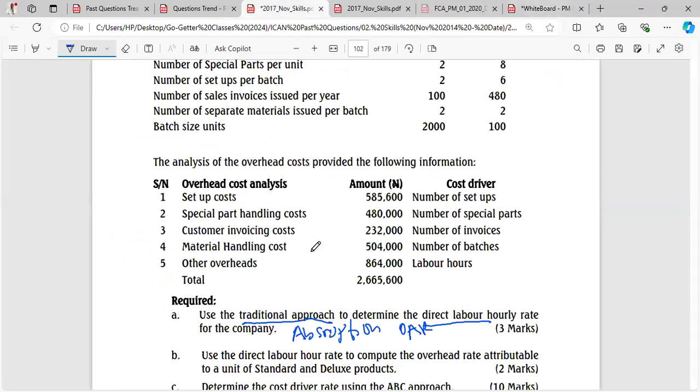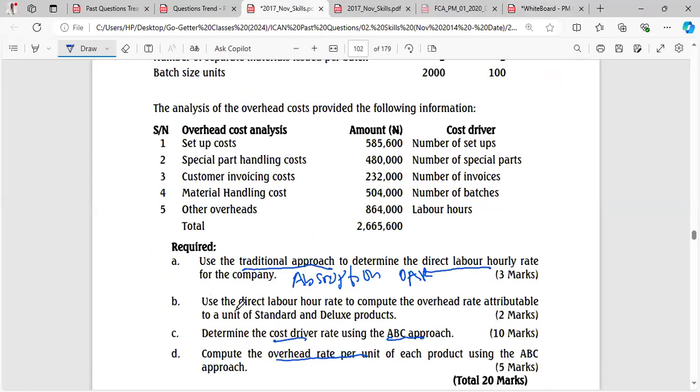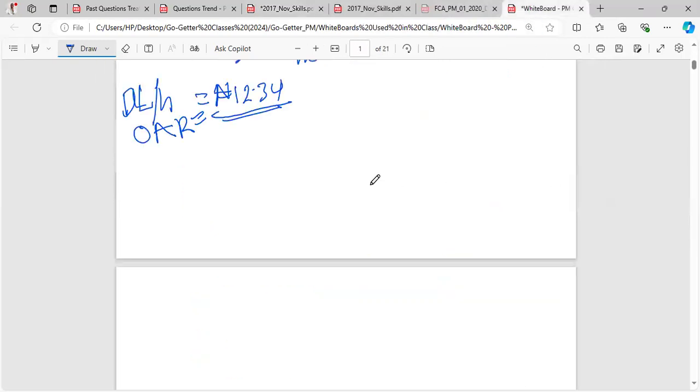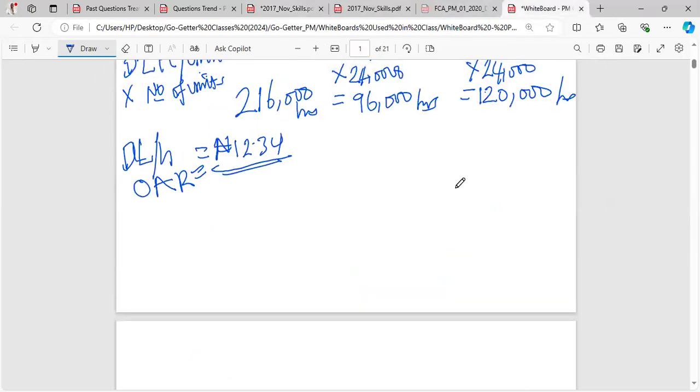We are asked in the B to use the direct labor hour rates to compute the overhead rates attributable to a unit of the standard and the lot product. Okay, so look at what we are going to do here. So this is our B. Let's start the B on a different page here.